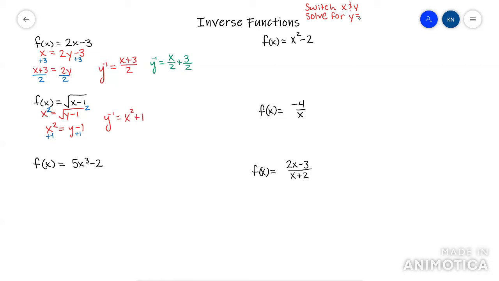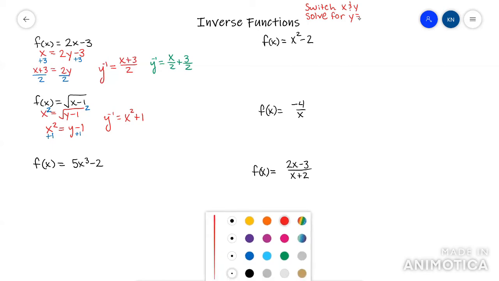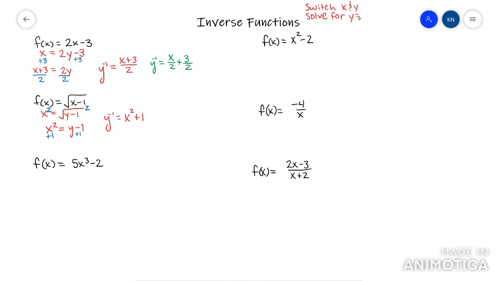Next one's a cubic, and it's kind of similar to a quadratic or a root even. We'll go ahead and start with switching. So x equals 5y cubed minus 2. Now you want to solve this for the letter y, so your first move is to add 2. I guess I will show you all my work. Add 2, so x plus 2 now equals 5y cubed. You still can't touch that cubed yet though. You have to divide by 5 first.